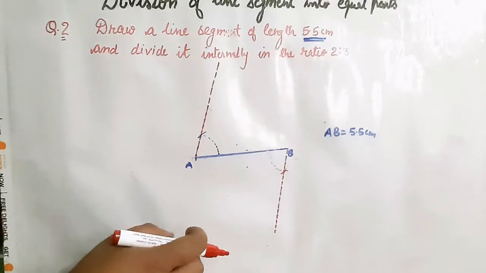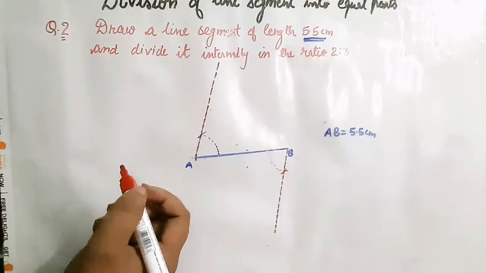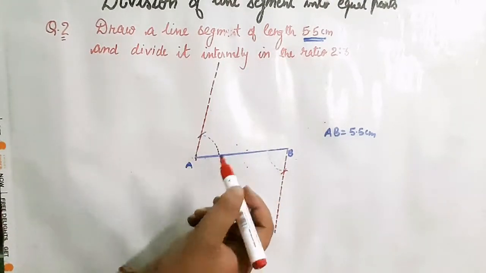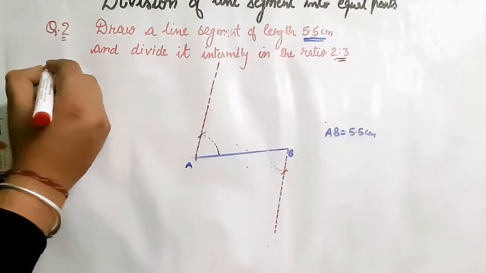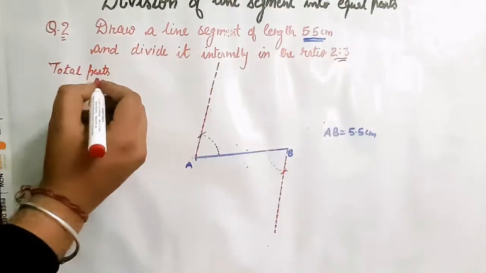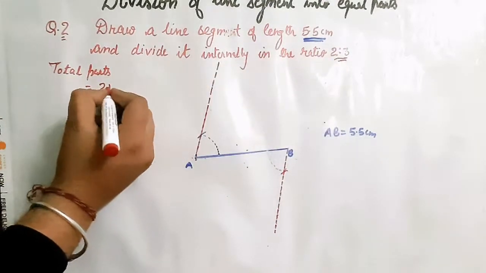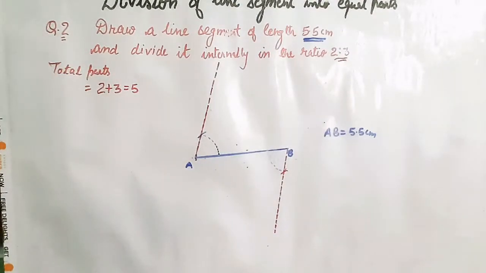Now first of all, how many parts do you need to divide it into for 2:3? The total parts will be the sum of both parts of the ratio, which is 2 plus 3, equal to 5.